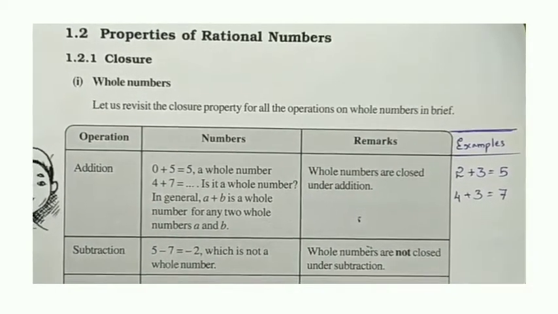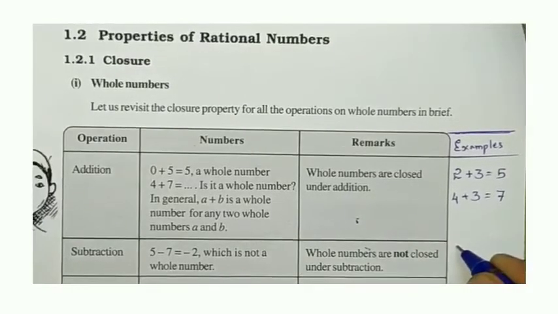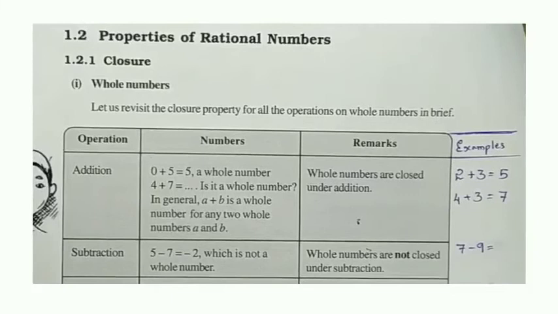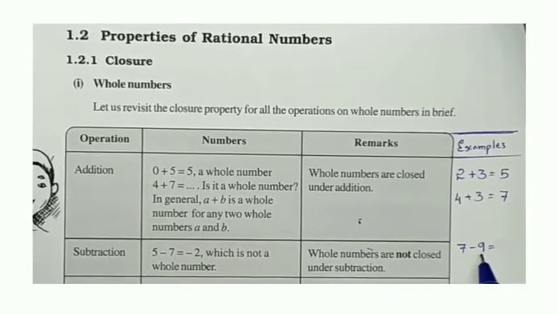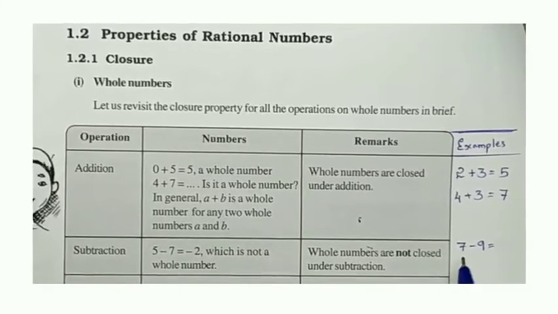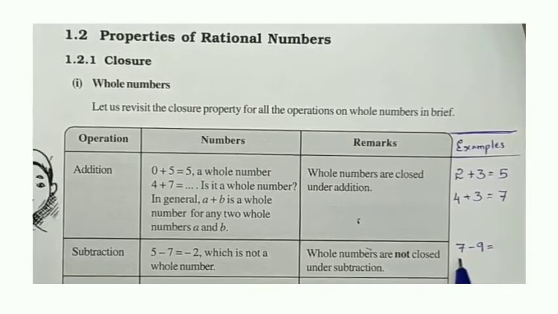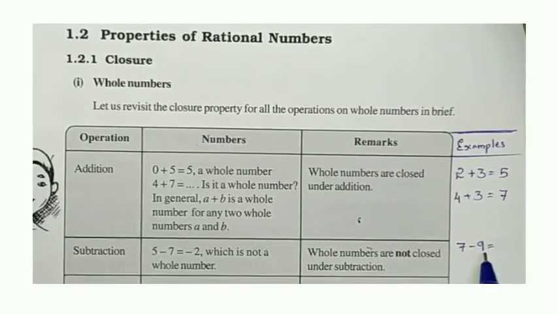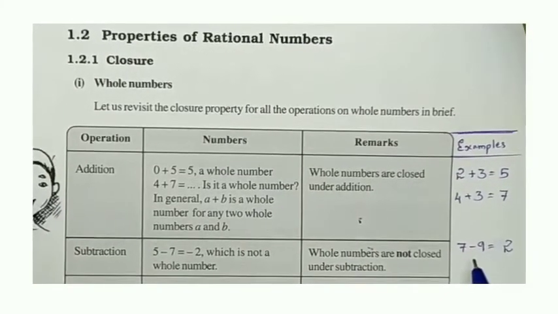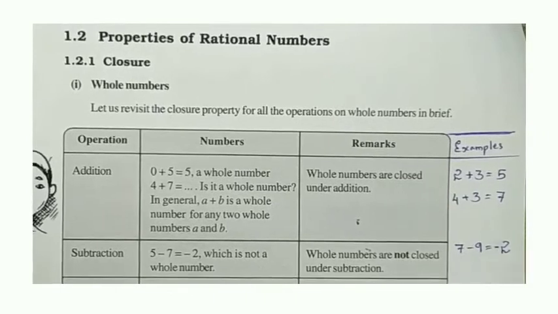Another example: 7 minus 9. Here 9 is bigger than 7, so we can't subtract 9 from 7. We can subtract 7 from 9 to get 2, but the sign is minus.